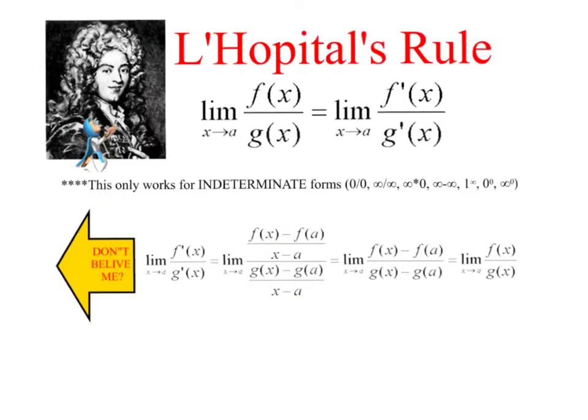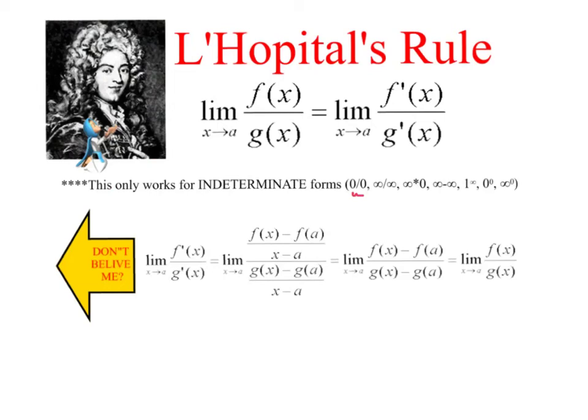So L'Hopital's rule again states that if you have a function in this form, you can take the derivative of the top, the derivative of the bottom, and reevaluate the limit, and they have to be the same. So I start with the end: f prime of x over g prime of x as x approaches a. And remember, we had an indeterminate form.